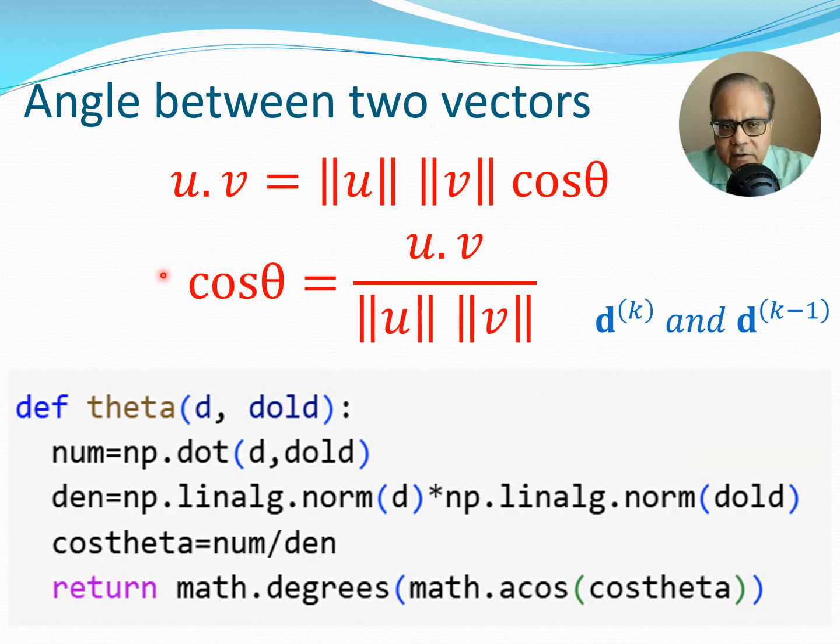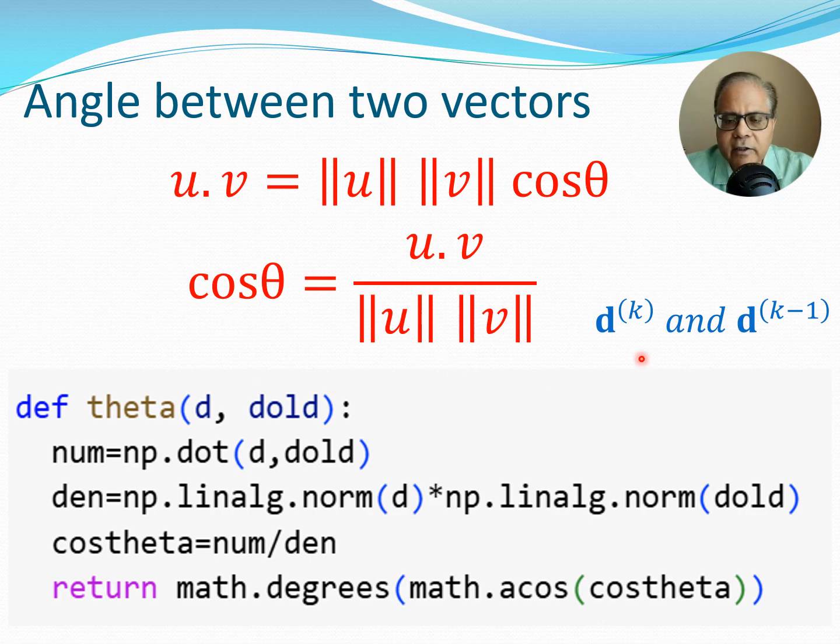Now as far as this particular value of theta is concerned, we can obtain it from the usual definition of the scalar product or the dot product. So the dot product of two vectors is defined as u dot v equals norm u norm v into cos theta. So I can write cos theta in this form here.